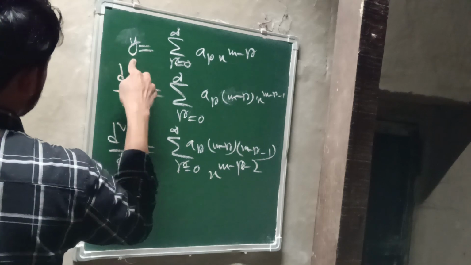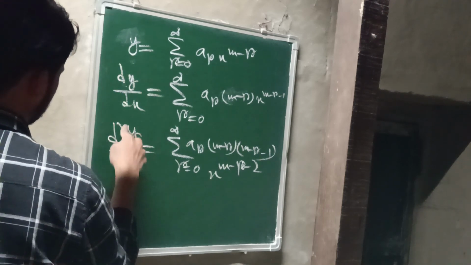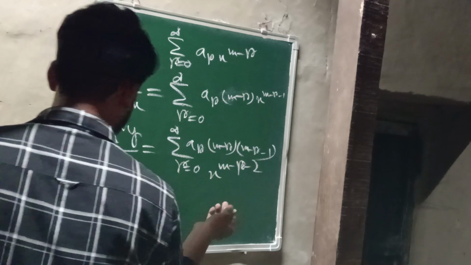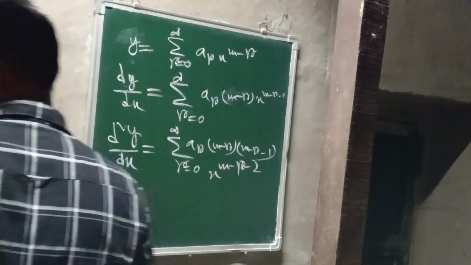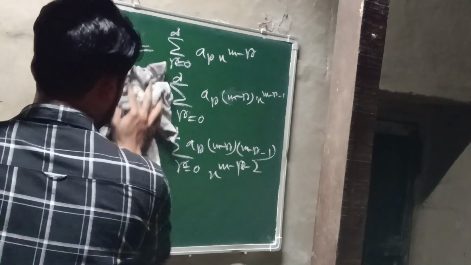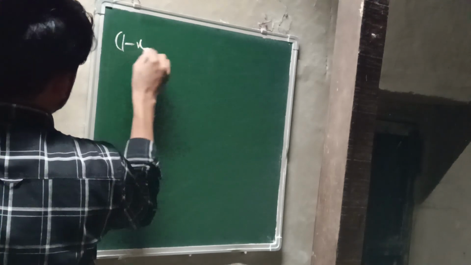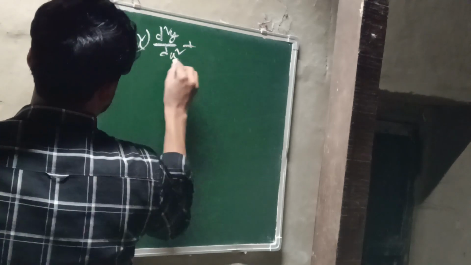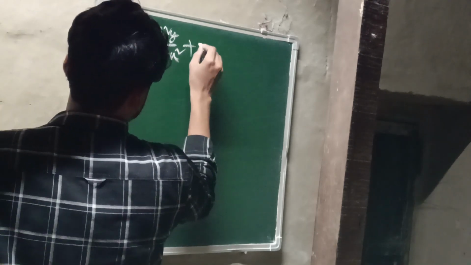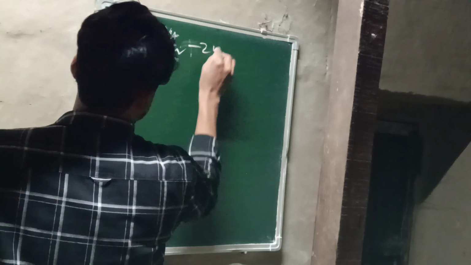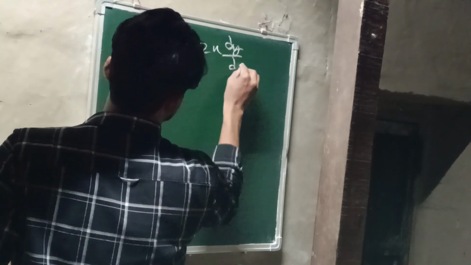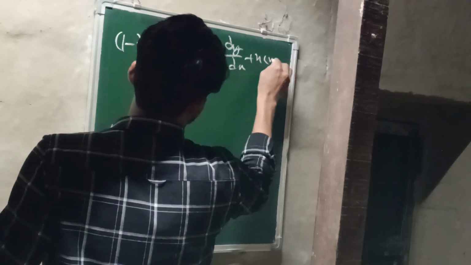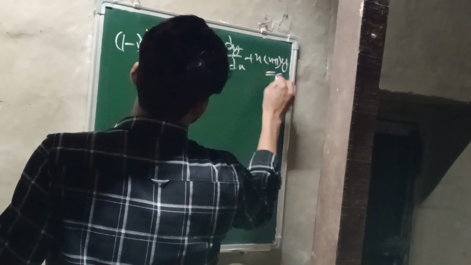Putting the value of y, dy by dx and d2y by dx square in the Legendre's equation, what do we get? If we write the equation again, (1 minus x square) d2y by dx square minus 2x dy by dx plus n into (n plus 1) y is 0.